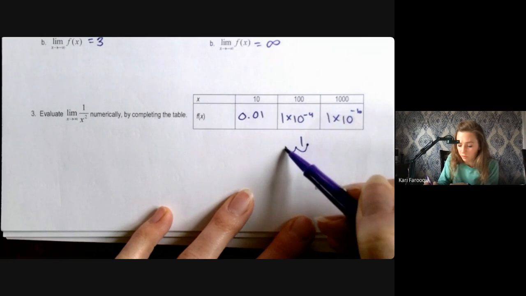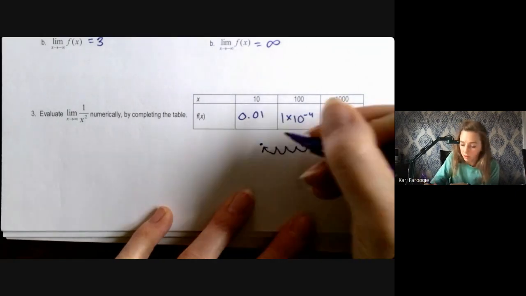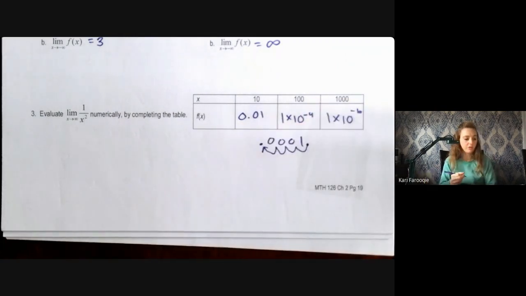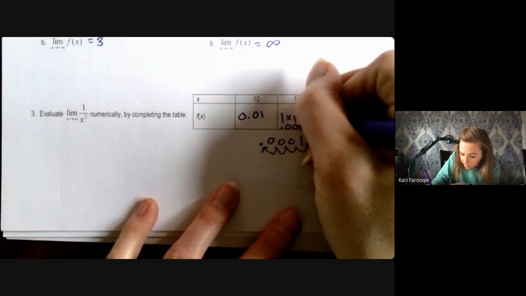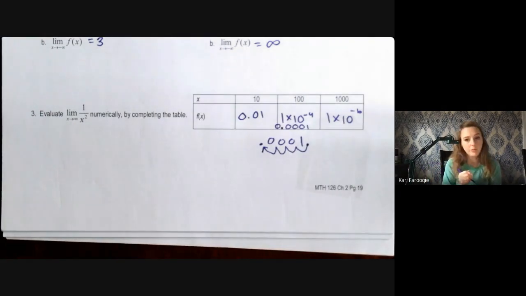So 1, 2, 3, 4. And that's where the new decimal is going. That means you have 3 zeros that are going in front of the number. So if you want to put that in the box as well, 0.0001, that might be helpful to you.